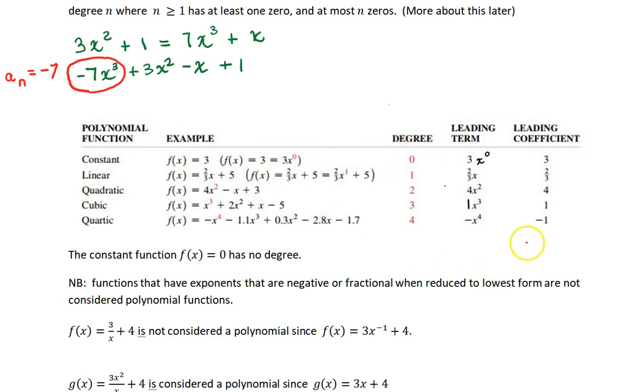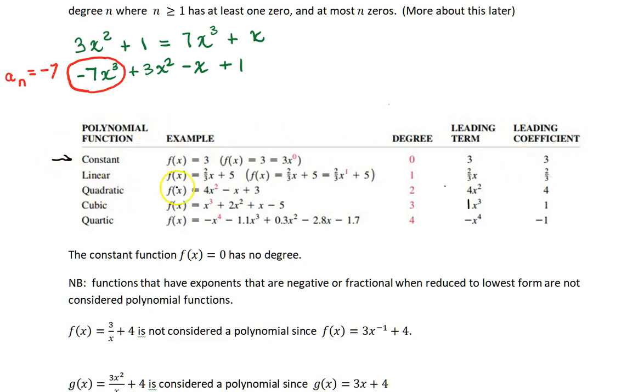In this case, if you wanted to be really specific, you could say 3 multiplying the x to the naught, or x to the 0. But normally we don't include that, so most times we would just say 3, and then our leading coefficient is 3. And this is the one and only case where those are going to be the same. Your leading term and your leading coefficient are the same when you have a constant. And again, that one exception is going to be 0.